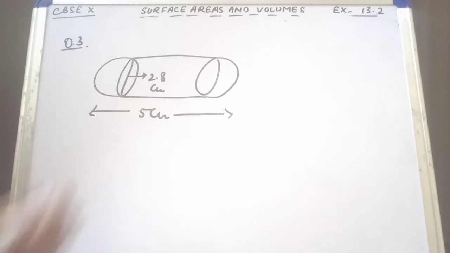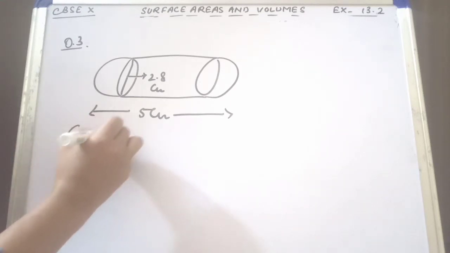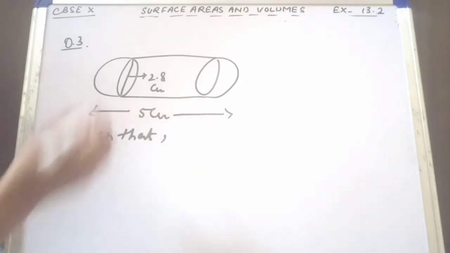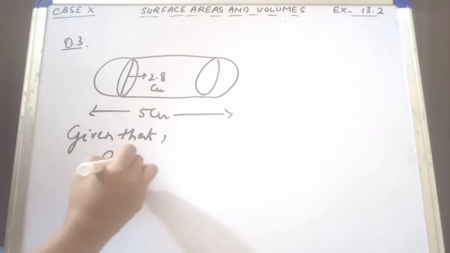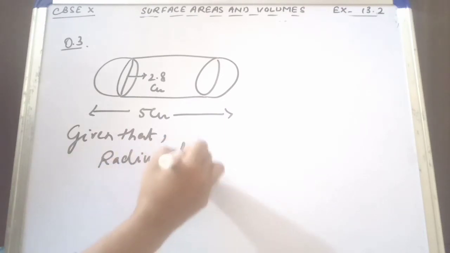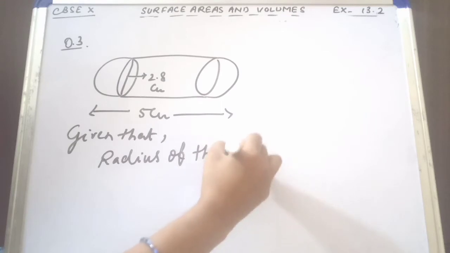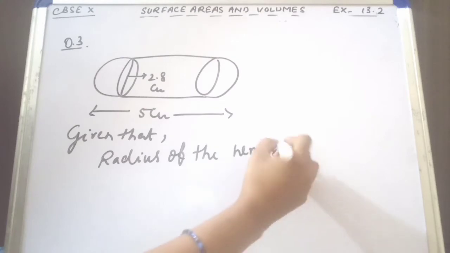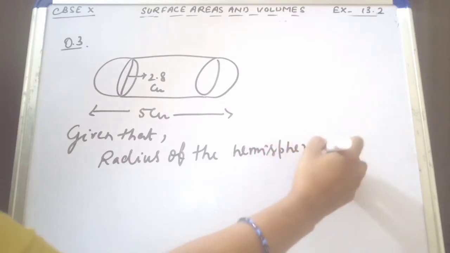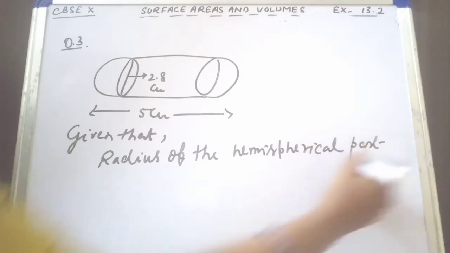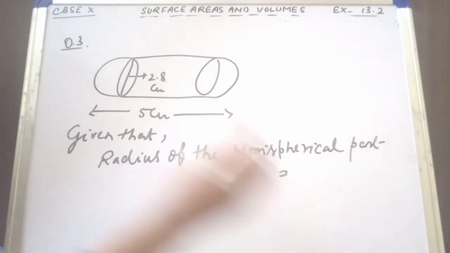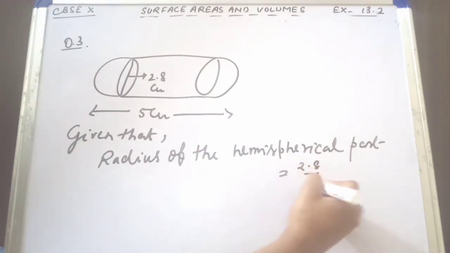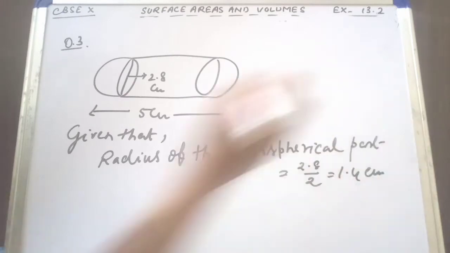So now given that the radius of the hemispherical part is equal to total diameter 2.8, that means 2.8 by 2, 1.4 centimeter.